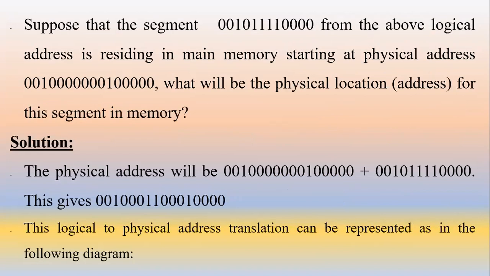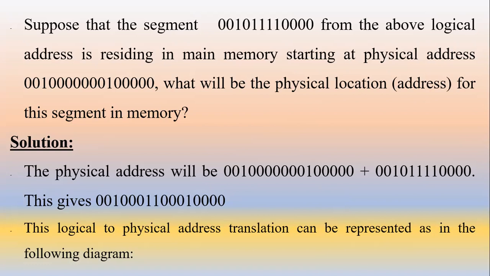So suppose that the segment 00101110000 from the logical address that we have already looked at is residing in main memory, starting at physical address 0010000000100000. What will be the physical location or address for this segment in memory?